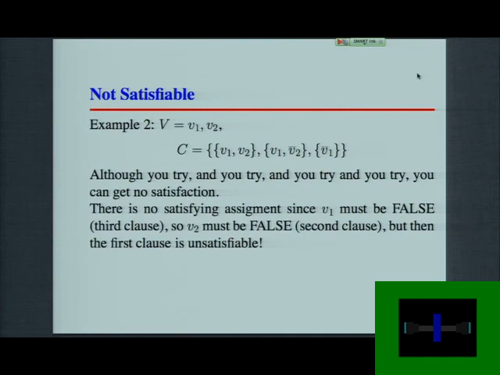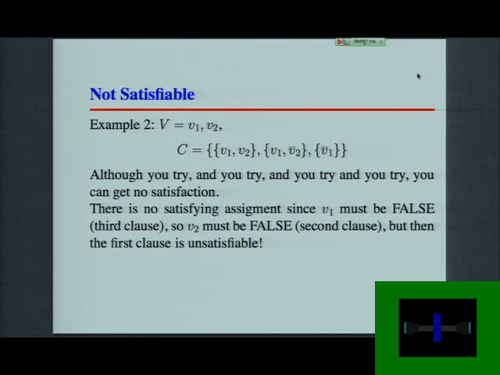Is there any way to make all three of these clauses simultaneously true? Well, what would be the easiest way to deal with it? What do we know about V1? V1's got to be false, or else there's no hope to save the last clause, right? So V1 is going to have to be equal to false.